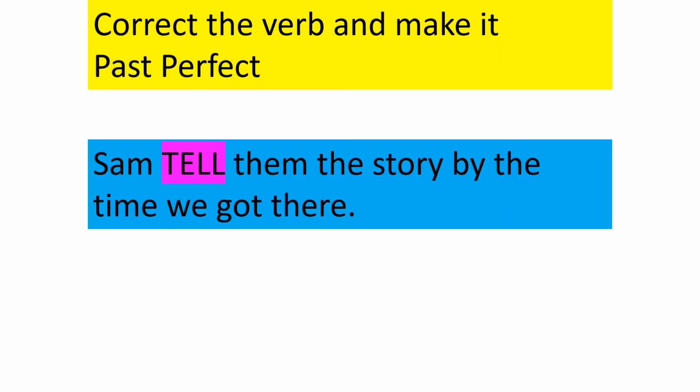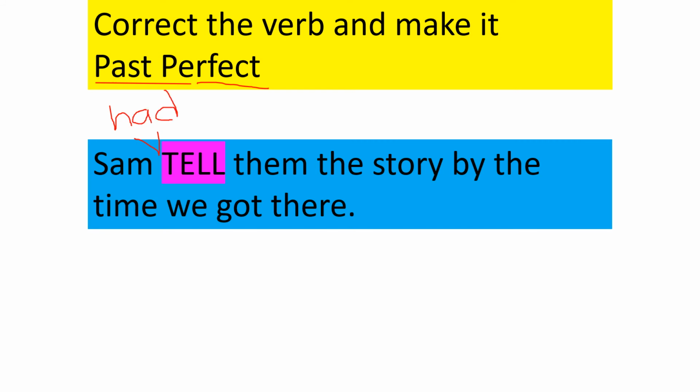So our first example that we're going to try and fix here, correct the verb and make it past perfect. Sam tell them the story by the time we got there. Now the first thing you need to do is that there is no auxiliary verb here, and past perfect will always have an auxiliary verb. So you need to put that in first. And what is the auxiliary verb? It has to be H-A-D.